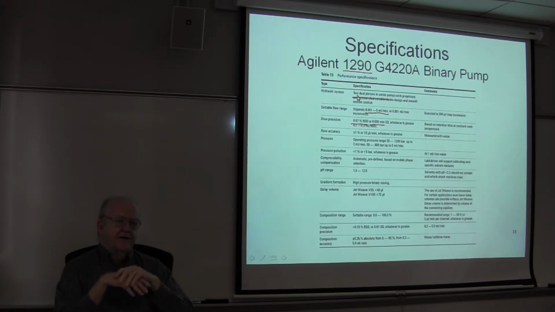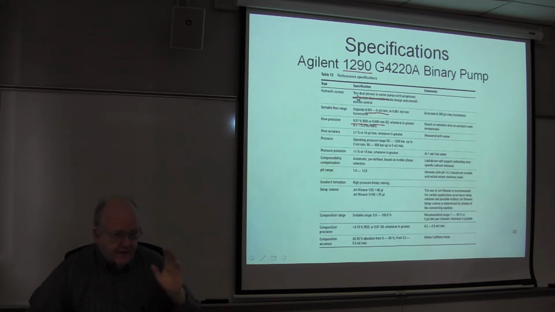Now I'm here to tell you we have seen systems, including this system, that are much more reproducible than plus or minus 0.005 minutes on a retention time, even under gradient elution conditions. This is a somewhat generous specification to make sure the system always passes muster. But if it's outside of this, there's definitely something wrong. It may not be the pump, it could be the temperature control. Flow accuracy is 1% or 10 microliters per minute, whichever is greater. I believe it's better than that, in fact.